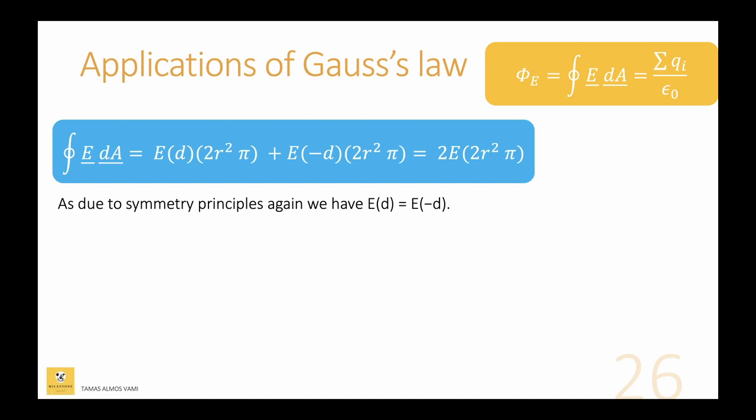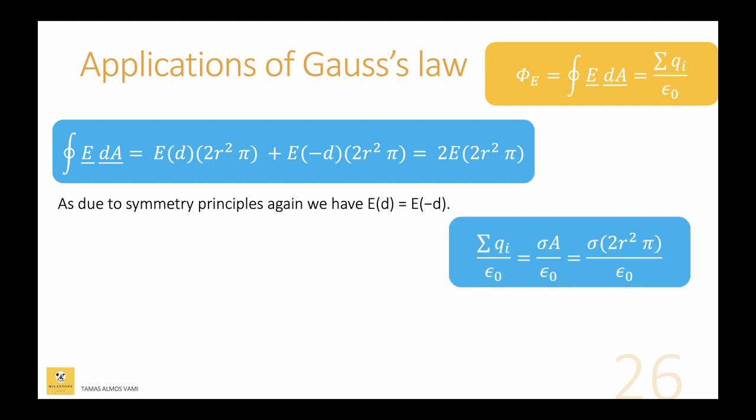And again, just thinking about the symmetries of the system, it cannot be that the electric field would be different on the right side than it is on the left side. So the value of the electric field at d is the same as the value of the electric field at minus d. So that means that we can just add these two things up, and the final result is 2 times the electric field times pi r squared.